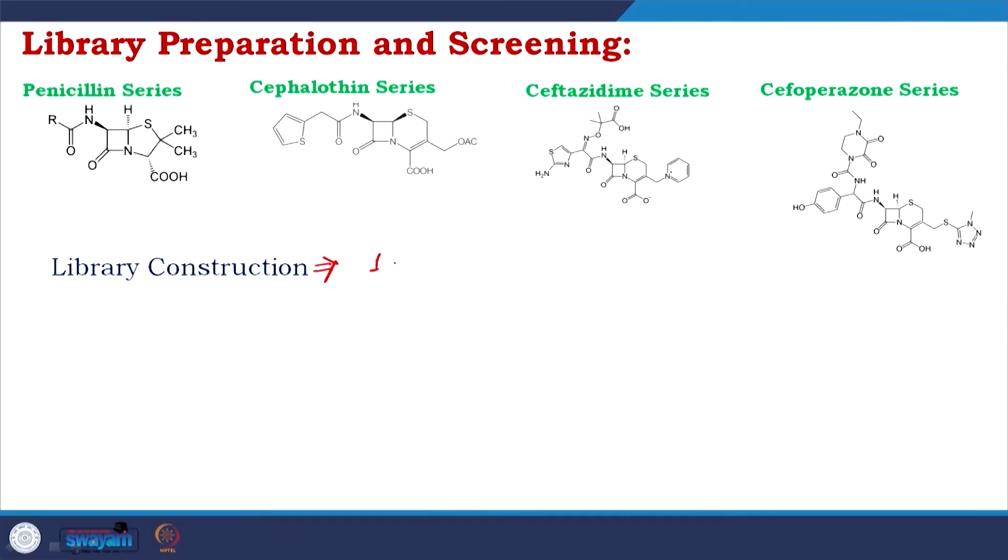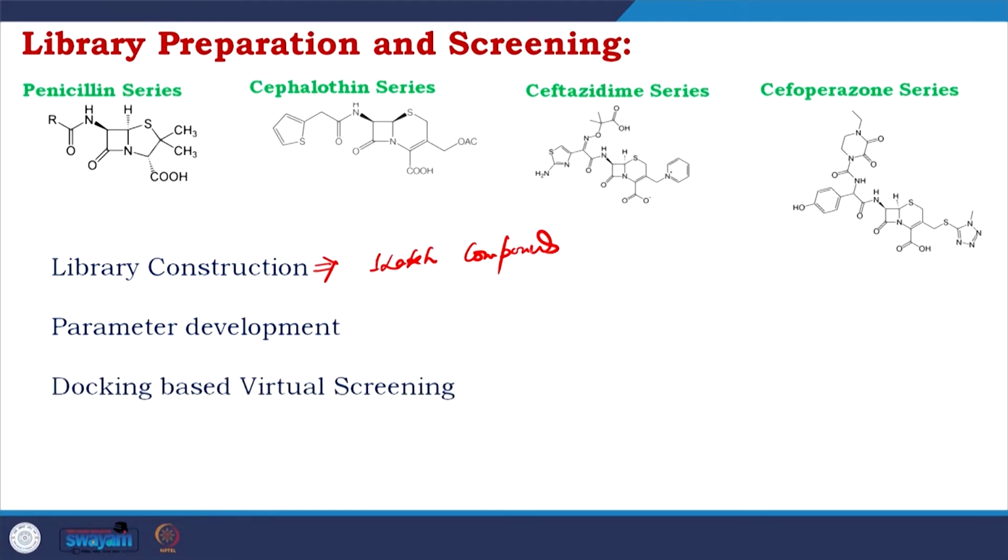So, we make the library. It contains around 1 lakh compounds. Then we develop the parameters of all of them. We perform docking based virtual screening. What is docking based virtual screening? What we did here, we have known beta lactams. So, we use those beta lactams, let us say beta lactam A, beta lactam B, beta lactam C, beta lactam D, beta lactam E, this way.